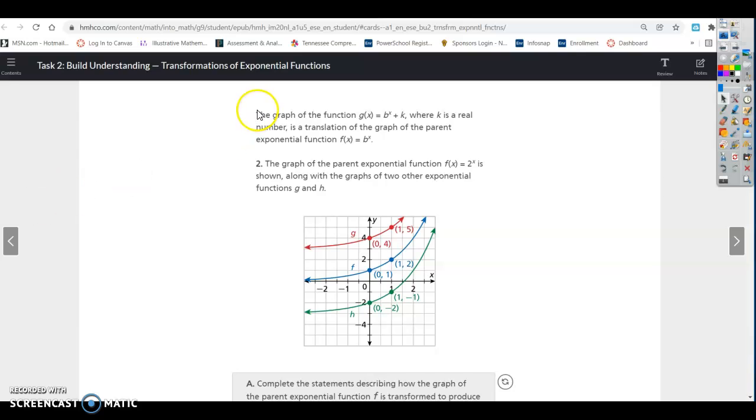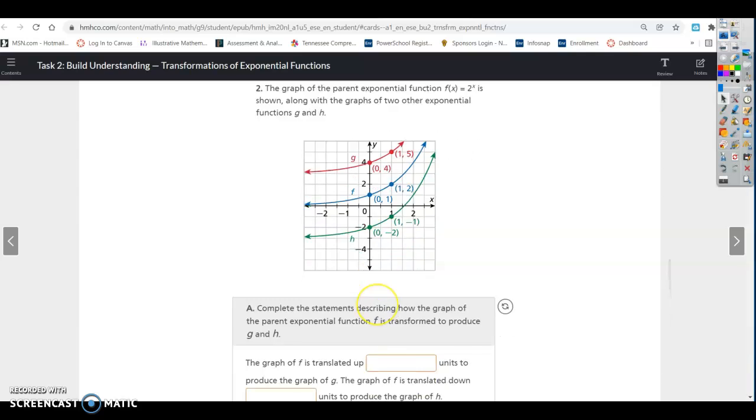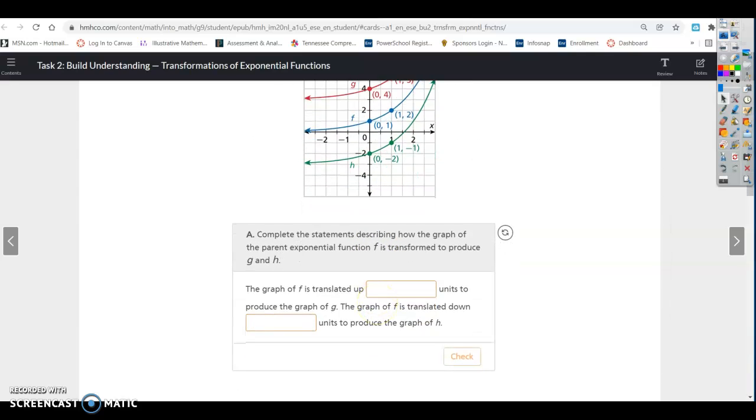So they're labeled here. f of x is in blue. That is your parent function, f of x equals 2 to the x power, and then it shows g of x is up and h of x has moved down. Complete the statements describing how the graph of the parent exponential function f is transformed to produce g and h.